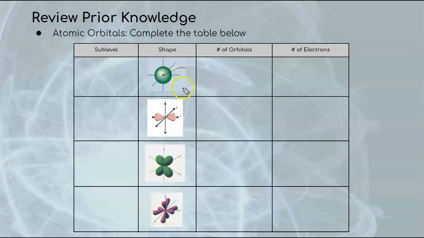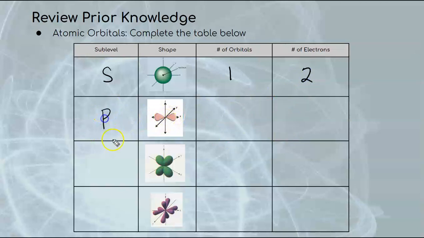Okay, now let's go ahead and double check your answers. The first sublevel is sublevel S. That is because there's a spherical shape right there. There's only one orbital on the S sublevel, and 2 electrons can fit into that one orbital. The second row has a shape that kind of looks like either a dumbbell or a peanut.